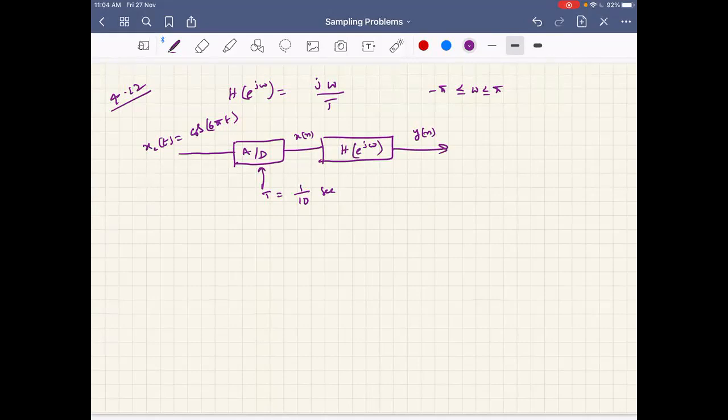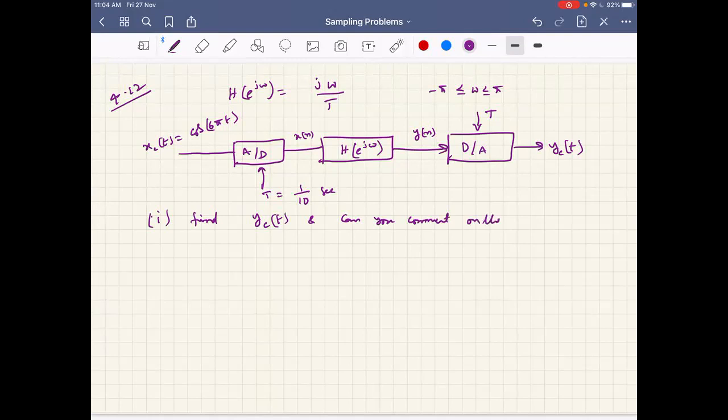And after this y of n, we assume that we applied, again using the information of T, a digital to analog converter to get yc of t. This is the whole system. And the question is, find yc of t for this example. First question is find yc of t, and can you comment on the operation of this system?